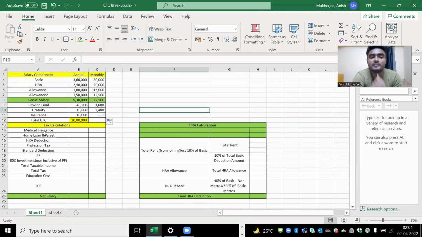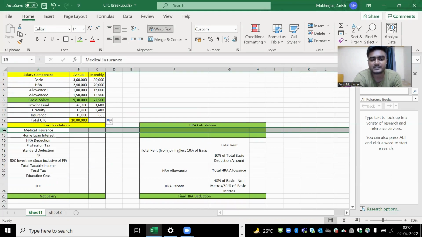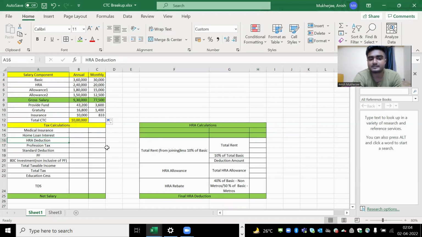If I'm doing the tax calculations, let me start with the HRA calculations. HRA is calculated based on 3 steps. What is the first step?